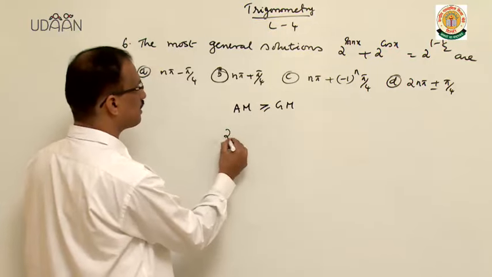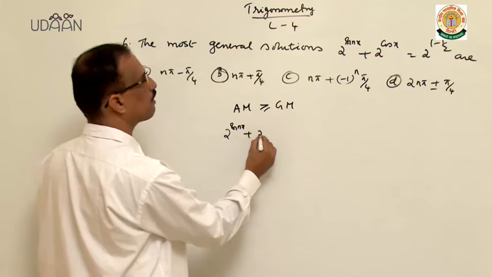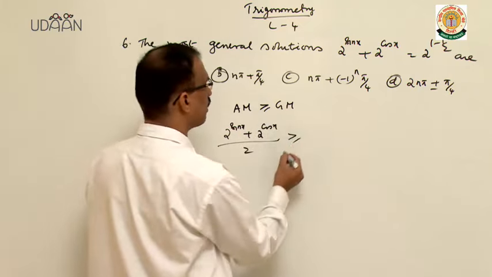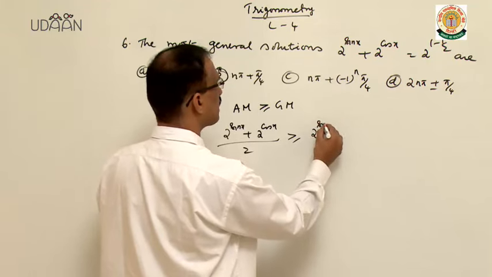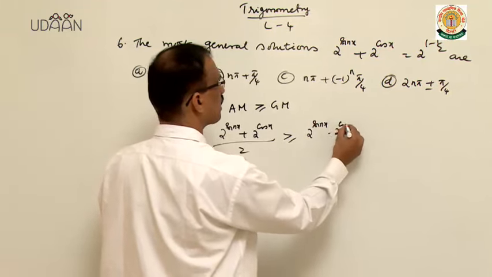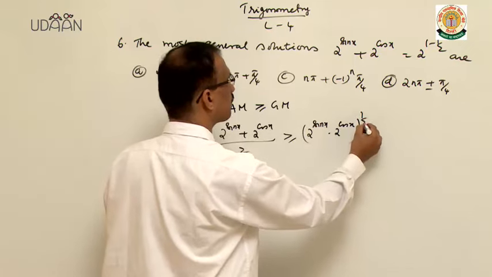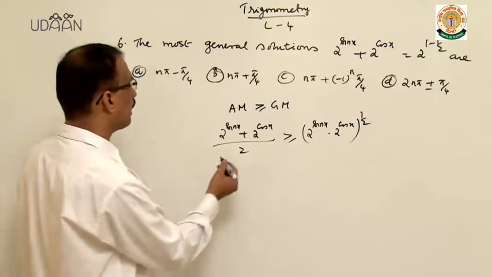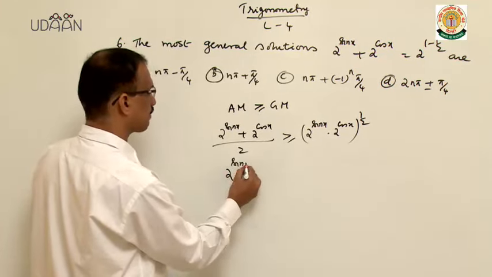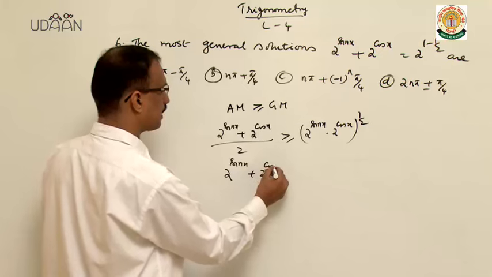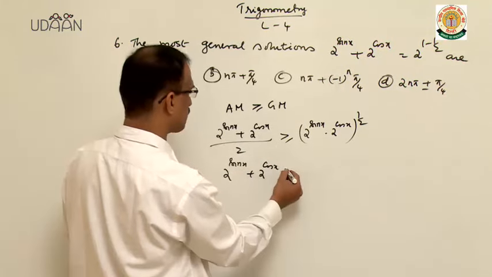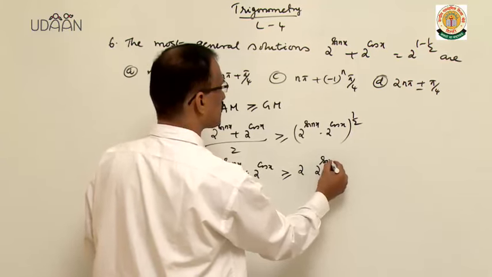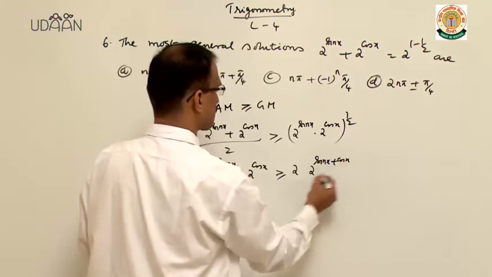That means AM, that is 2 power sin x plus 2 power cos x whole divided by 2, is greater than or equal to 2 power sin x into 2 power cos x whole power half. That is your GM. So 2 power sin x plus 2 power cos x is greater than or equal to 2 times the square root of 2 power sin x plus cos x.